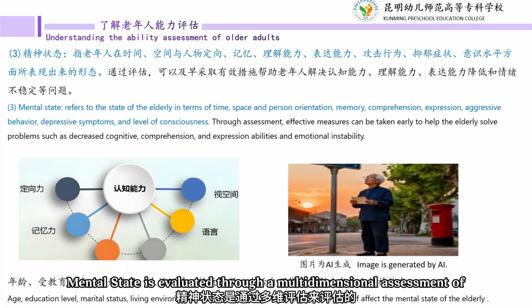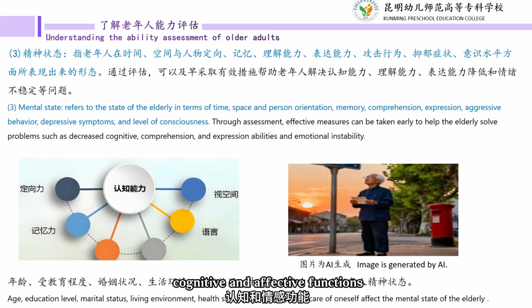Mental state is evaluated through a multi-dimensional assessment of cognitive and affective functions. Key dimensions include orientation to time, place, and person, memory, comprehension, and expressive abilities, the presence of aggressive behaviors, signs of depressive symptoms, and the overall level of consciousness.